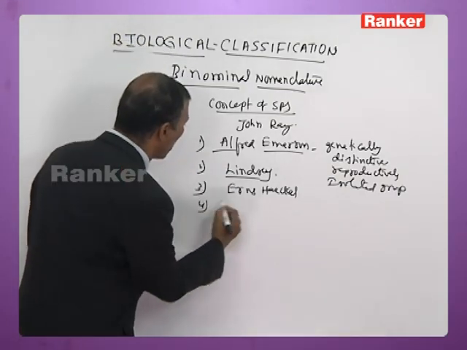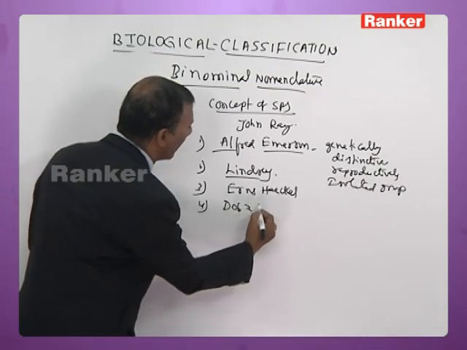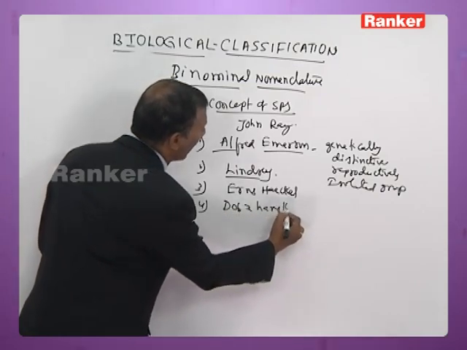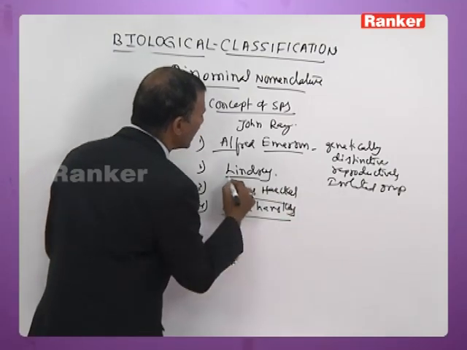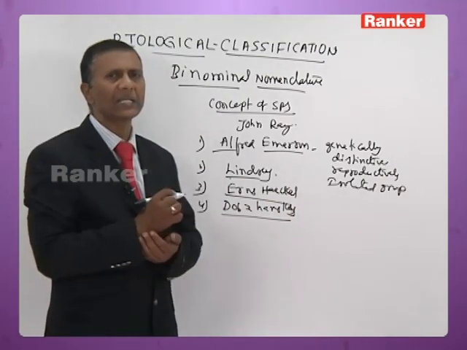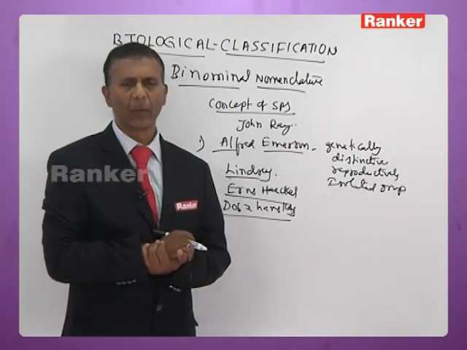Then according to Dobzhansky, species is considered a Mendelian group. What is a Mendelian group?